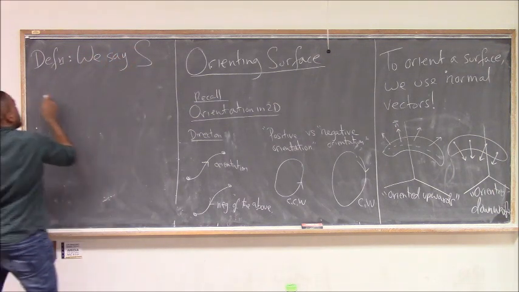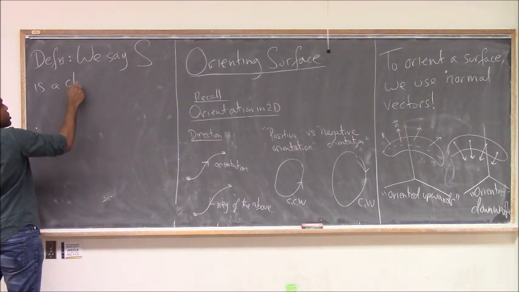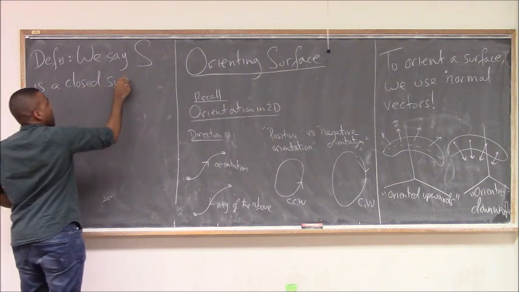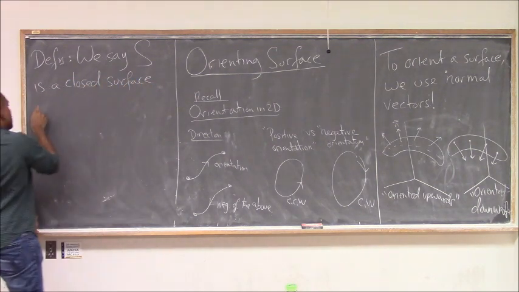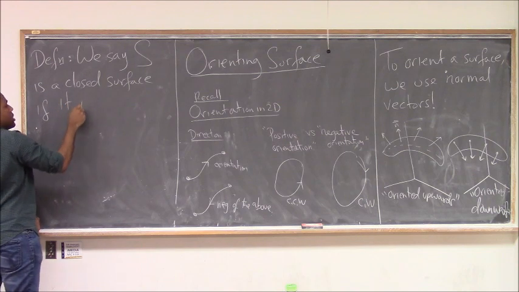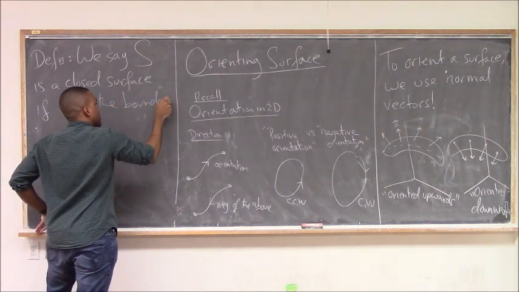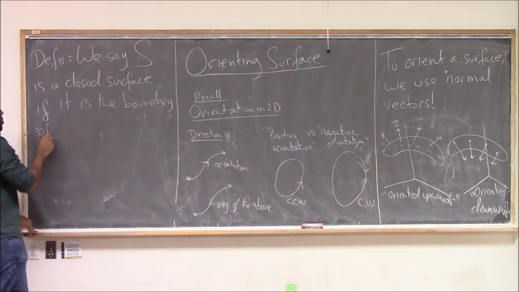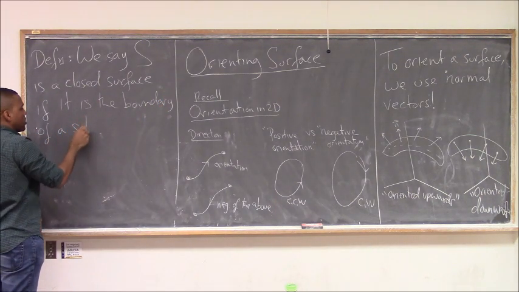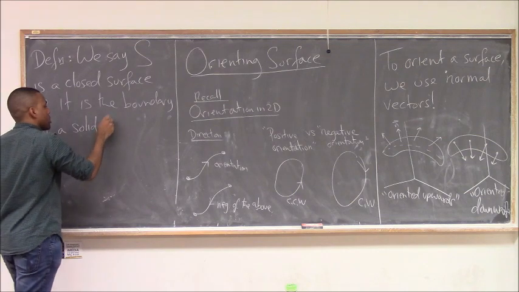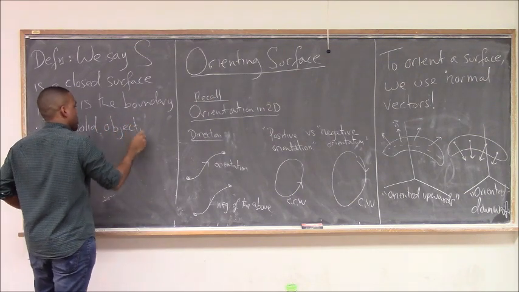We say S is a closed surface if it is the boundary of a solid object.